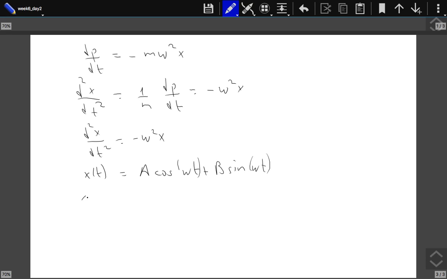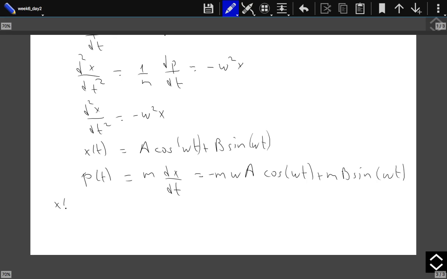Now, what are a and b? Well, let me also calculate p of t. You see, p of t is nothing but m times dx by dt. So if you just take the derivative of x, this is minus m omega a sine omega t plus m omega b cosine omega t. Now x at t equal to 0 is just x0.